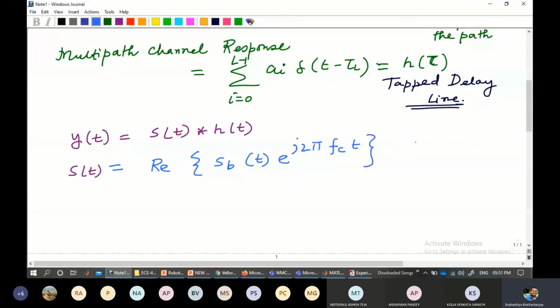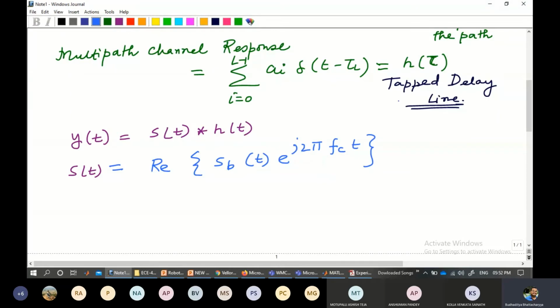This is from the convention that we only talk about the real part. It will have a complex envelope also, but usually we stick to the real part. So this is the baseband signal. These terms might be a bit weird at times, but don't worry, we'll solve it later. And this is the carrier frequency that we are looking at. So f_c is the carrier frequency.